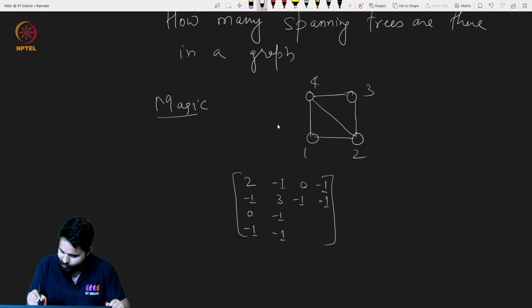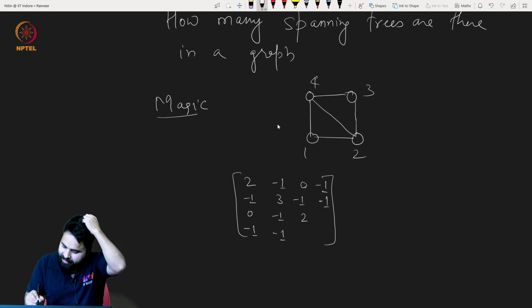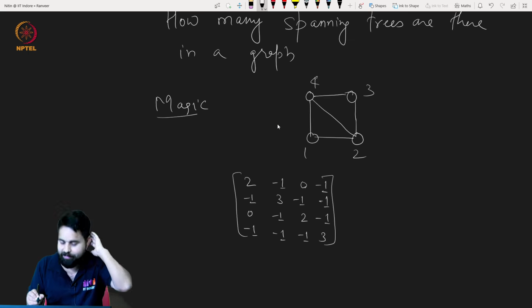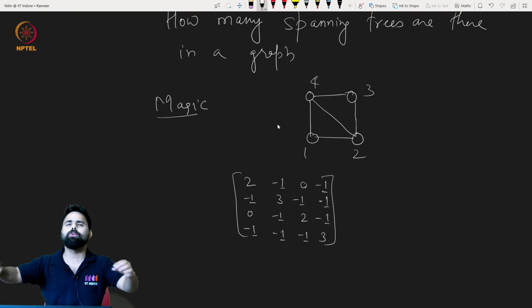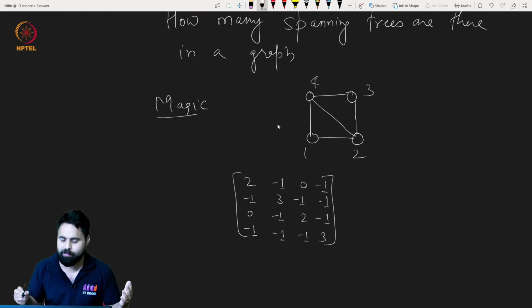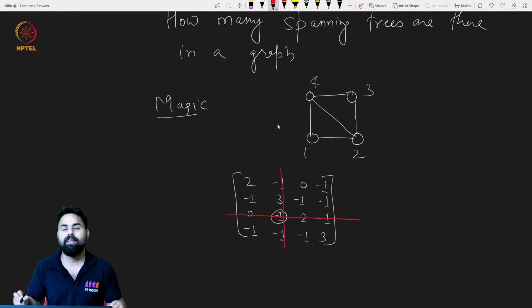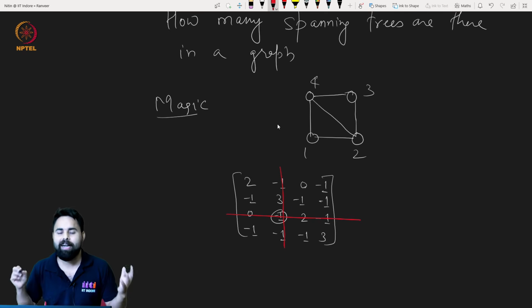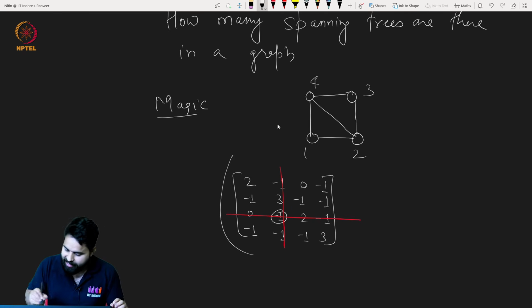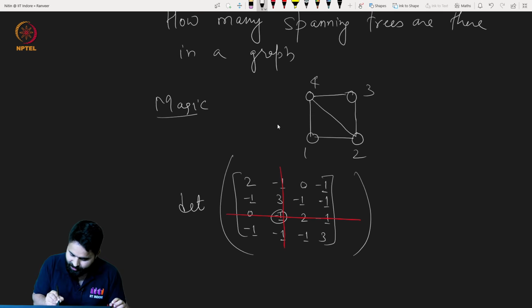Then minus 1, then 2, then minus 1, and 3. Now I will choose any entry of this matrix. Suppose I choose this one. I will delete this entry's row and column. Whatever is the resulting matrix, I will take its determinant.